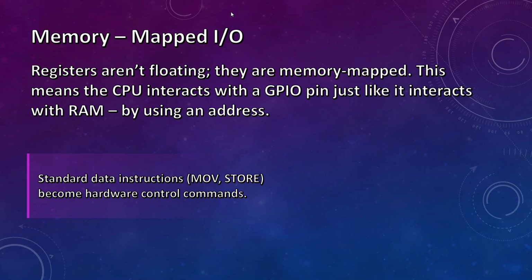Now, let's connect today's topic with what we learnt in the previous video. Remember the memory map. We learnt that every resource inside the microcontroller has an address, right? Well, resistors also have an address. This means a resistor isn't floating somewhere inside the chip.